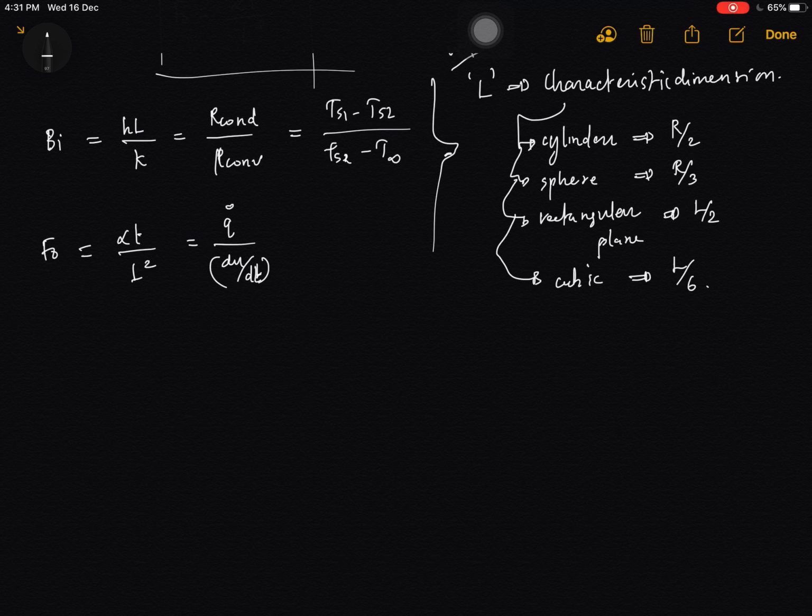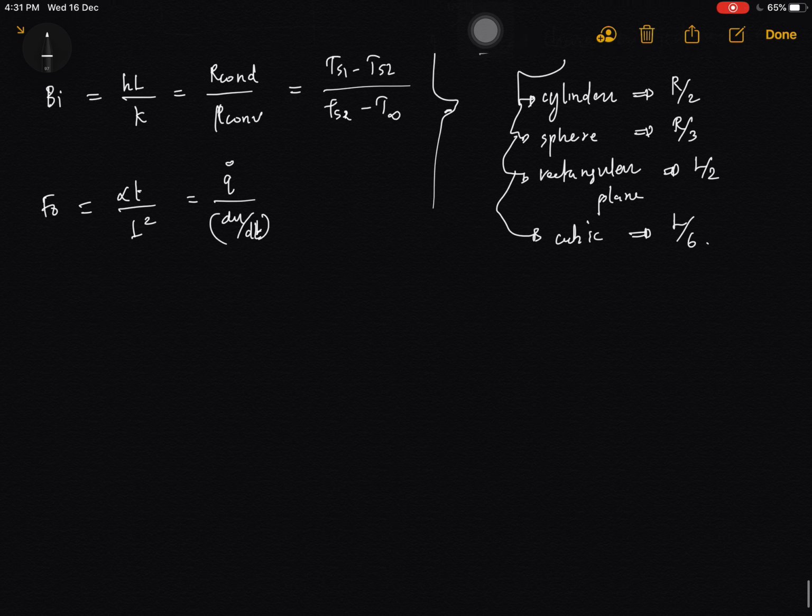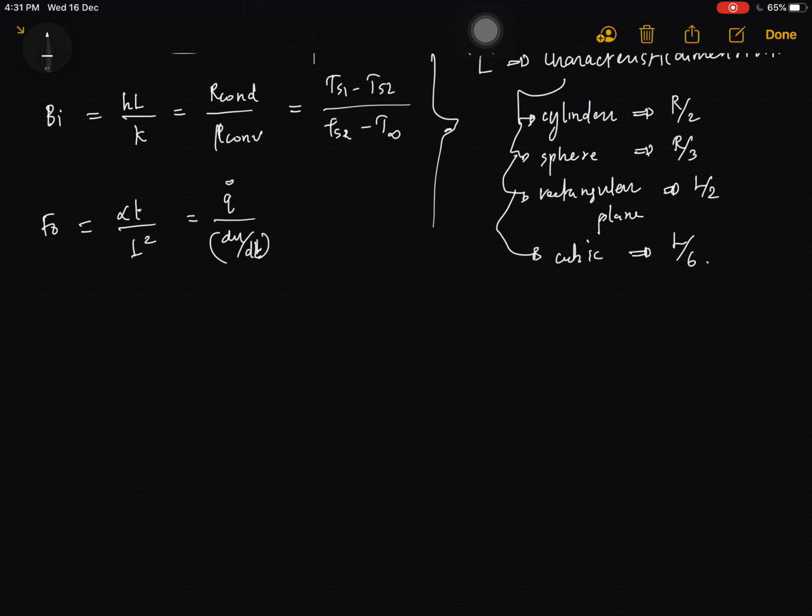Please note this characteristic length, which is important, and only then can we analyze the entire body using this lumped capacity model.